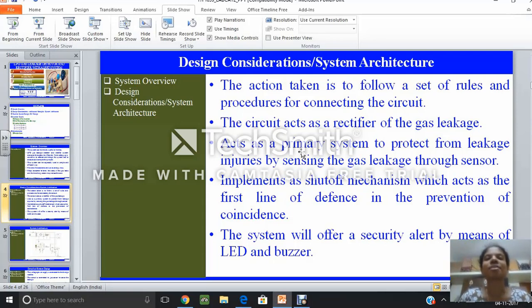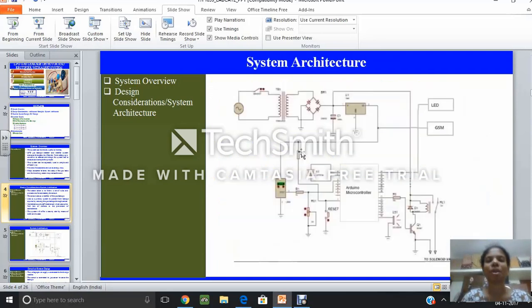The circuit acts as a rectifier of the gas leakage and as a primary system to protect from leakage injuries by sensing the gas leakage through the sensor. It implements a shut-off mechanism which acts as a first line of defense in the prevention of accidents. The system will offer a security alert by means of LED and buzzer.